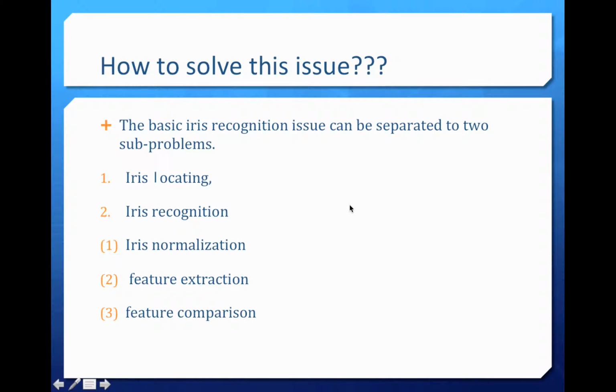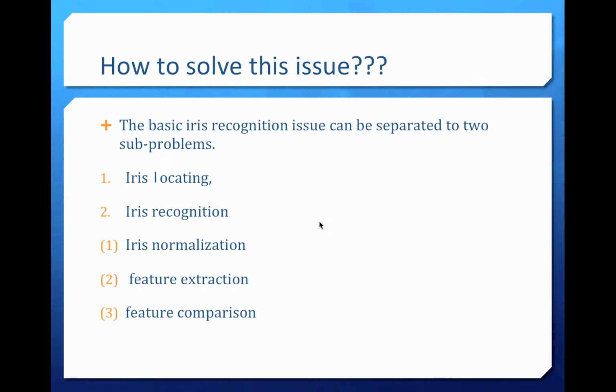So after we know the problem we need to solve, we should know how to solve it. The basic iris recognition problem can be separated into subproblems. The first one is iris locating. The second one is iris recognition.